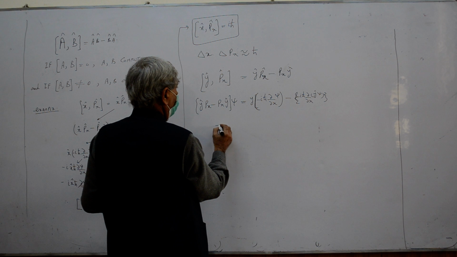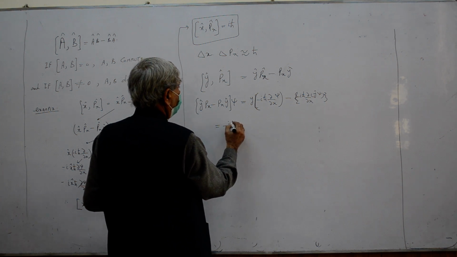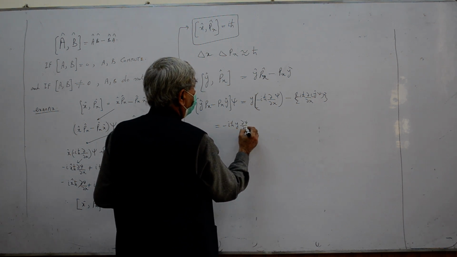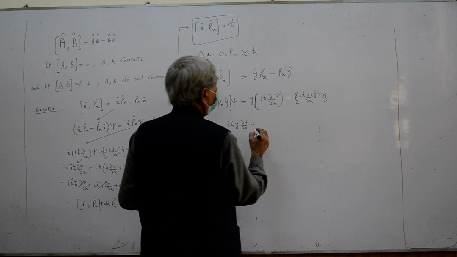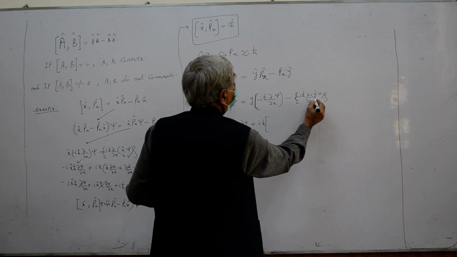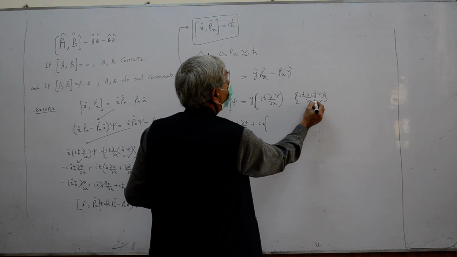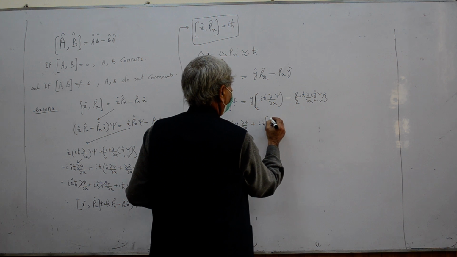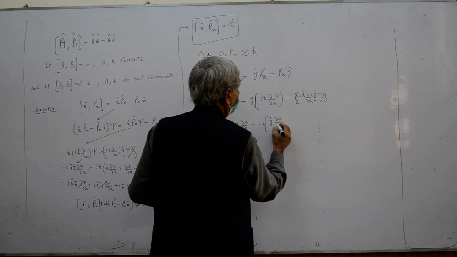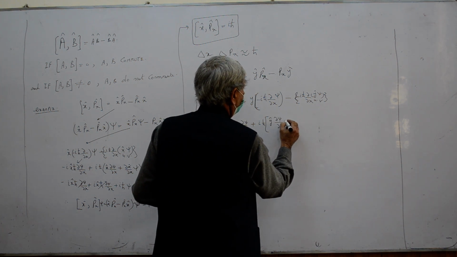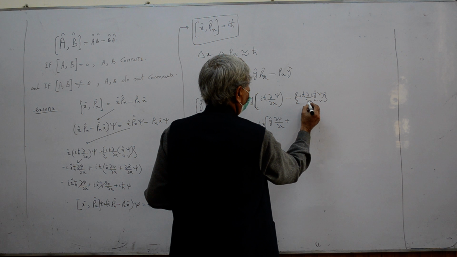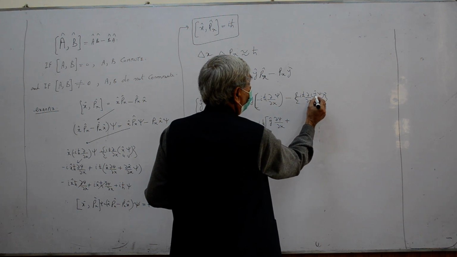This is equal to minus i h bar y delta psi over delta x, minus minus become plus, i h bar, u into derivative of v, u that is y, and then delta psi over delta x, plus derivative of u into v, which is the partial derivative of y with respect to x.